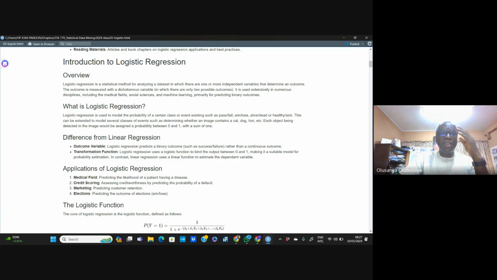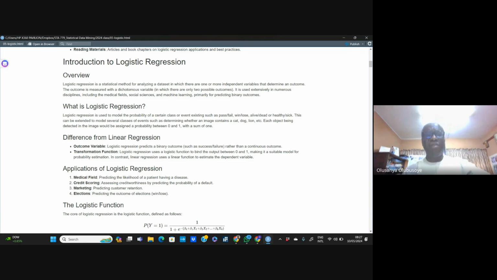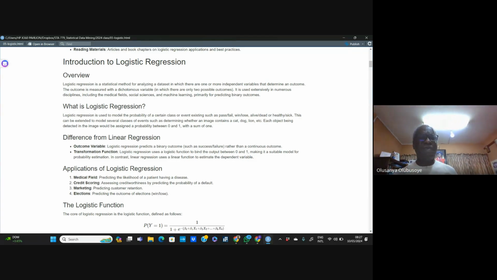With respect to application, we've discussed a number of them, whether medical, so you talk of the likelihood of a patient having a disease, or credit scoring in most banks.